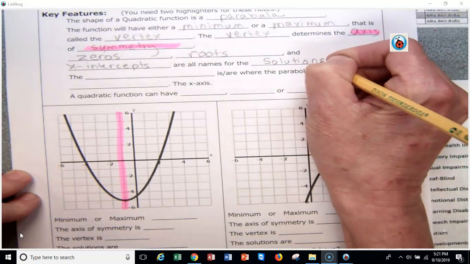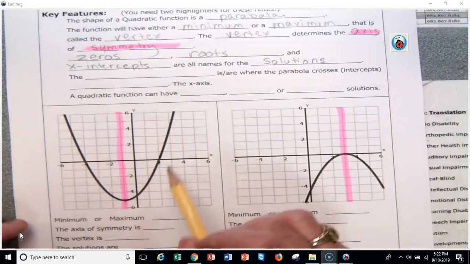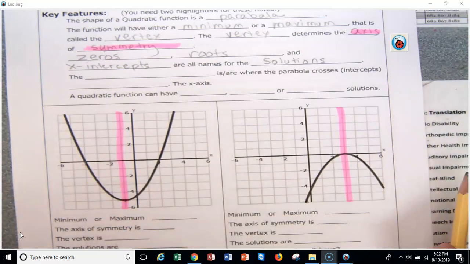But all three of these things are all names for the solutions to the quadratic function. Okay, so when we say this, you're saying, okay, well, what does that mean? Well, we know that a y-intercept is where a line or a function will cross the y-axis. Well, the x-intercepts are where the function crosses the x-axis, where it intercepts it.